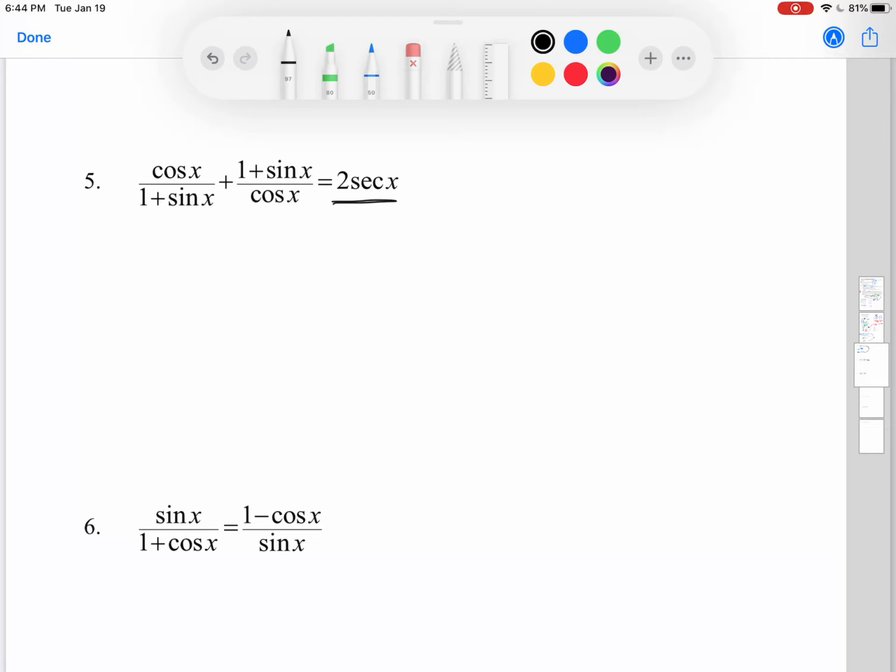All right, so I got cosine x over 1 plus sine x plus 1 plus sine x over cosine x.